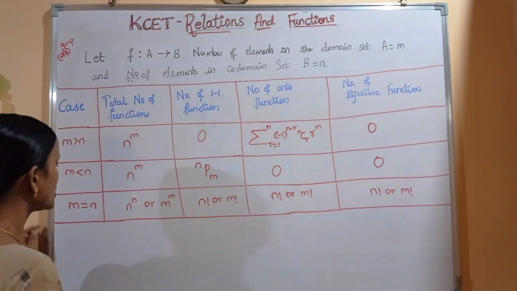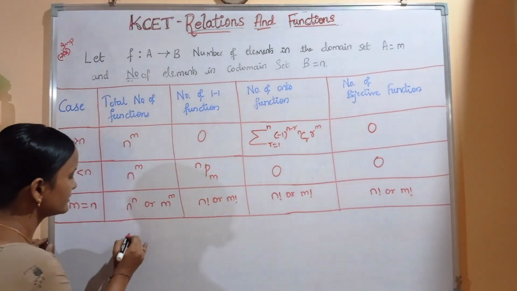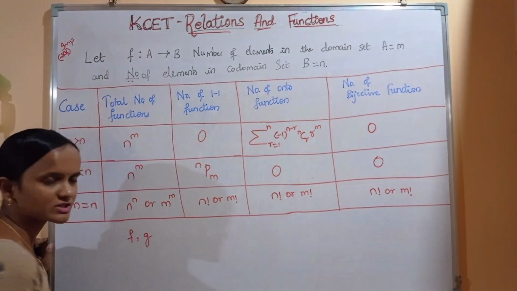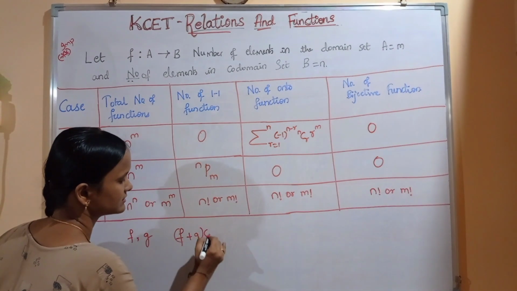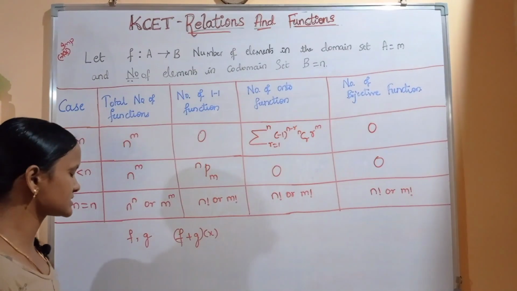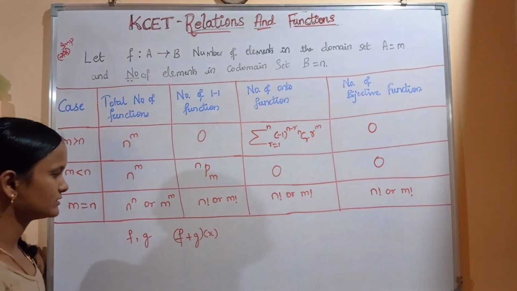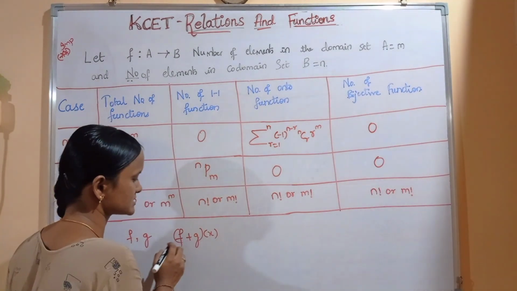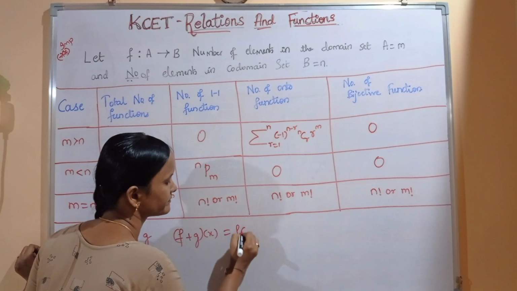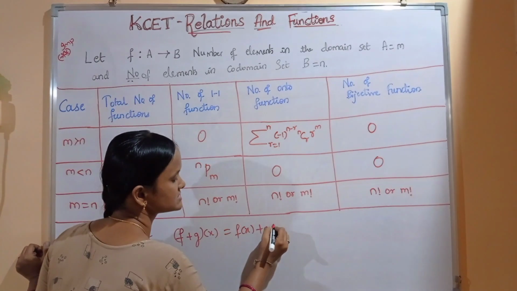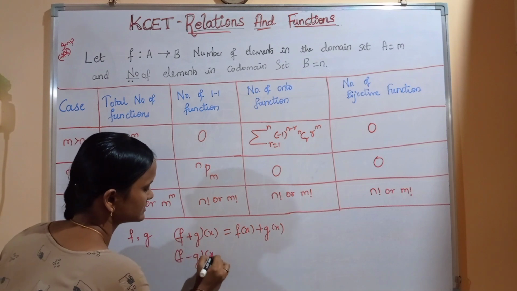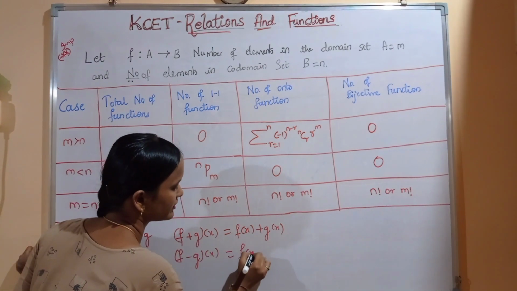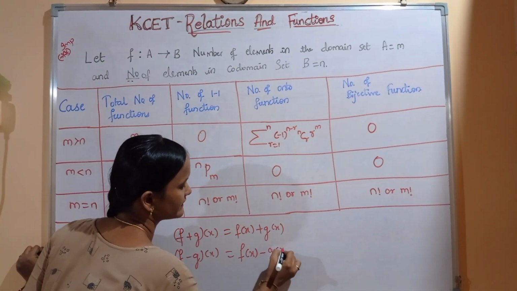Next comes algebra of functions. If f and g are two functions, let us discuss all the basic fundamental operations. That is, f plus g of x is equal to f of x plus g of x. Next, f minus g of x is equal to f of x minus g of x.